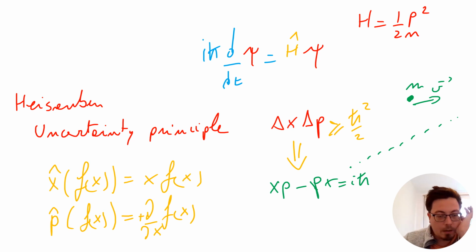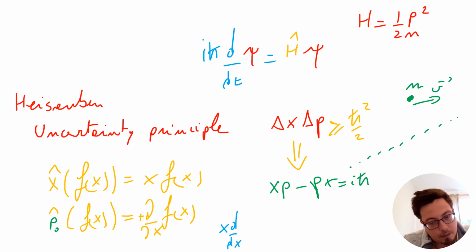Let's not call it p because this is not exactly p. Let's call it p naught. There is some constant that we need to play with, but what I want to make into the momentum. To give you an example of why this is working, if you do x times the derivative of a function, and then you do the derivative of x times the function, those two things are different.